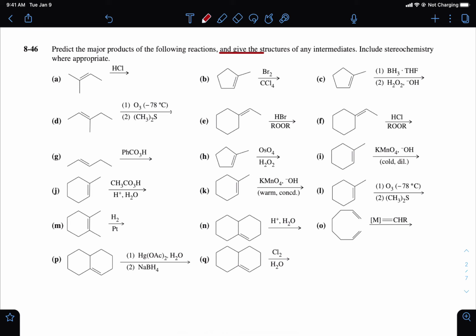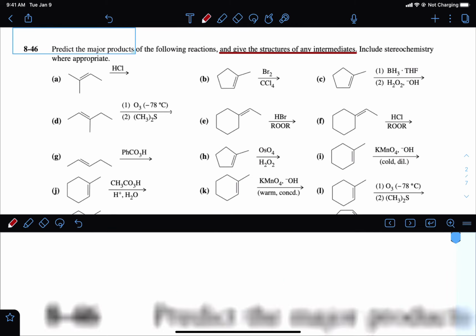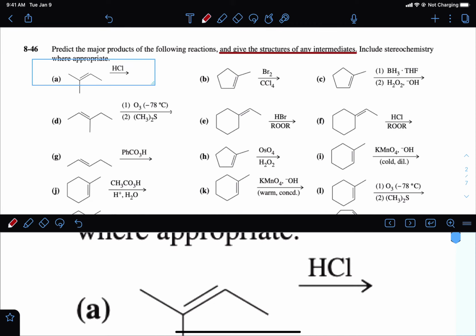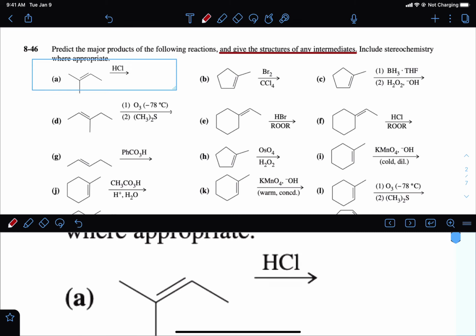So this requires you write out every single mechanism, include stereochemistry where appropriate. It's just an insane amount of time that I honestly don't have. And we've talked about these reactions already.